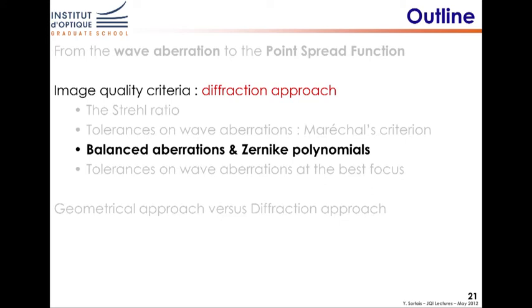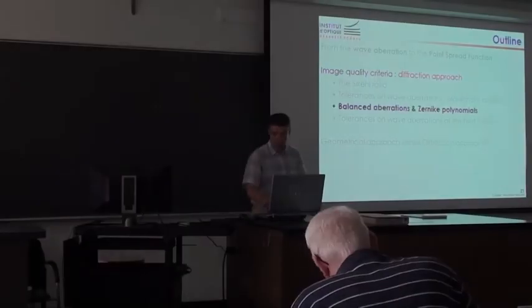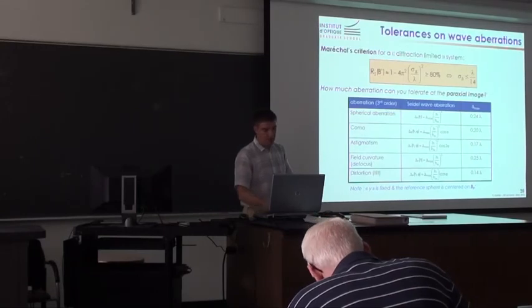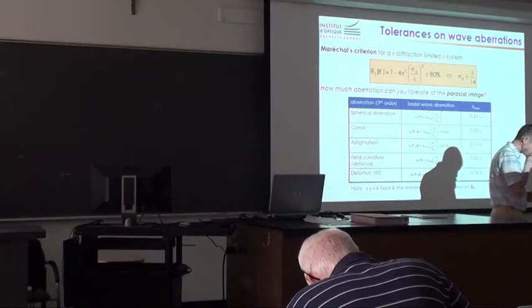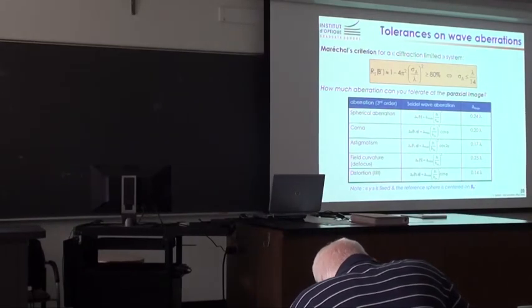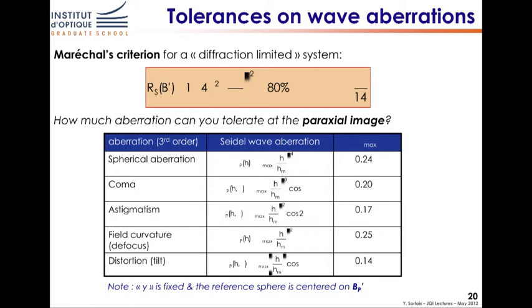Okay, so yesterday I basically introduced the Seidel polynomials, and I've explained how they can describe, in a quite intuitive way, aberrations of an optical system.